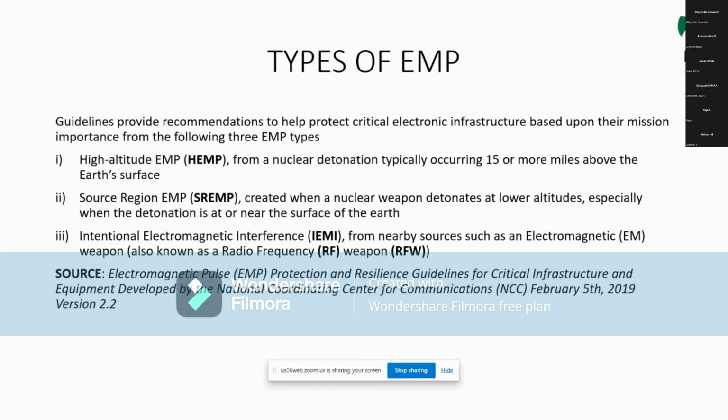That victim may be any civil infrastructure, any power plant or processing unit. This kind of EMP is also called intentional electromagnetic interference. This can be generated by any radio weapon. Based on this weapon only, we can generate this kind of IEMI.